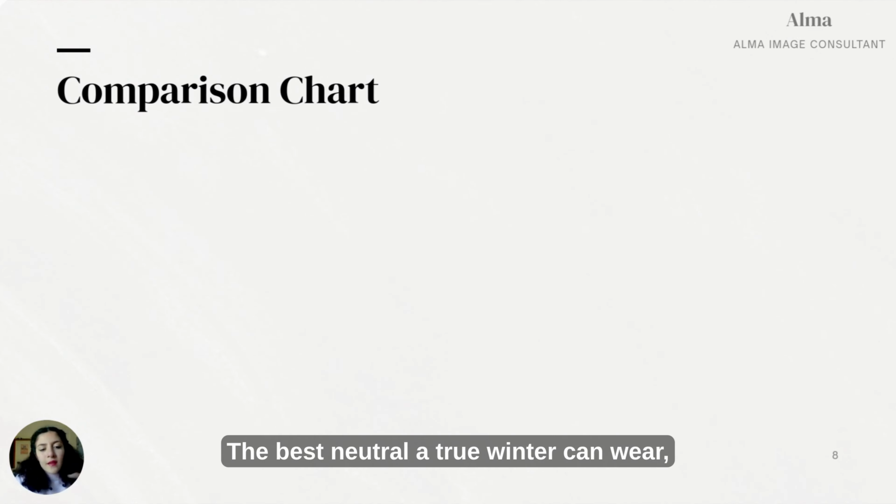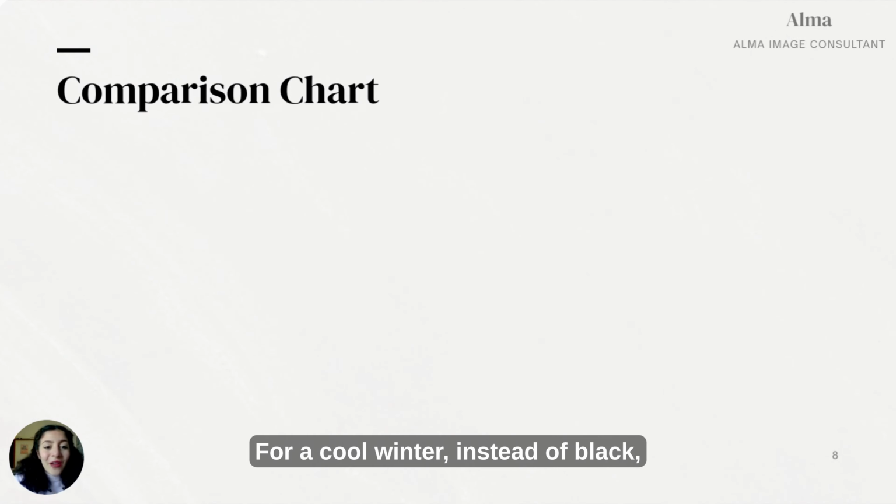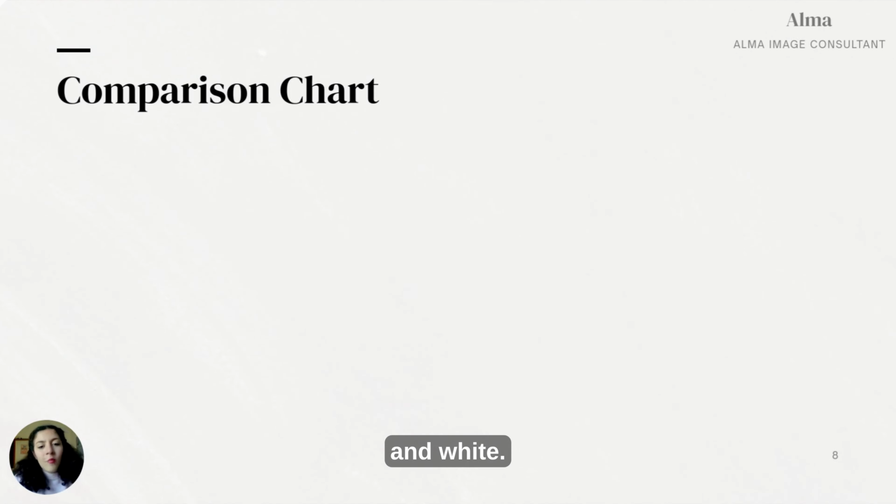The best neutral a true winter can wear, as I told you earlier, is black and white. It's really amazing. For a cool winter, they shouldn't exaggerate with black, so the best is navy and white. Very elegant.